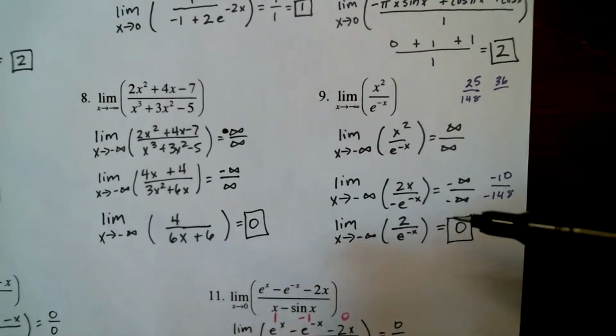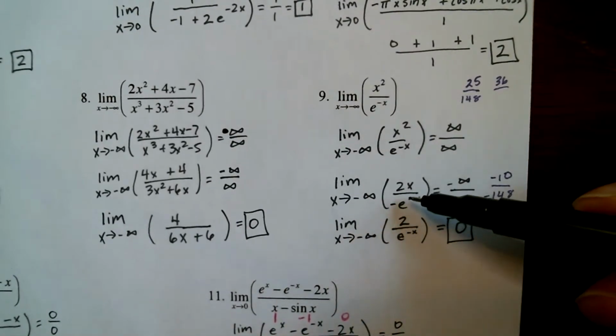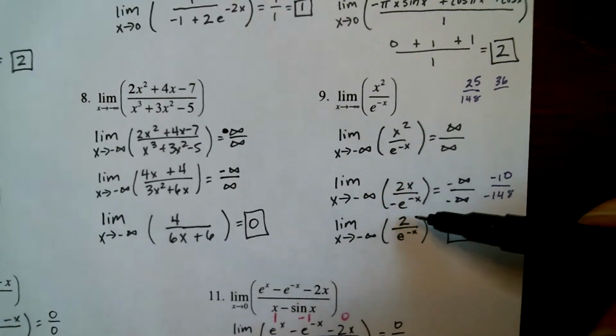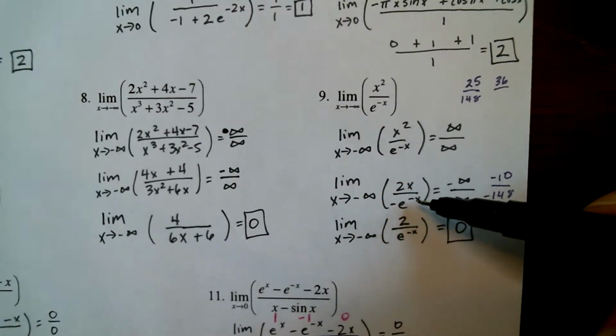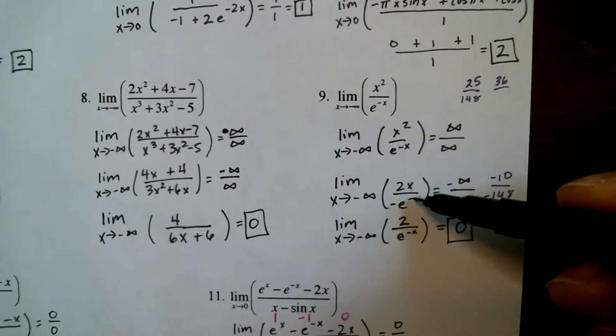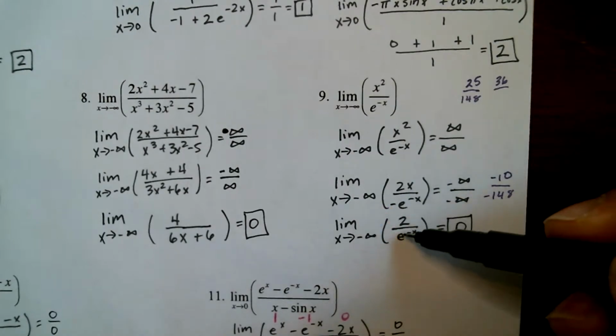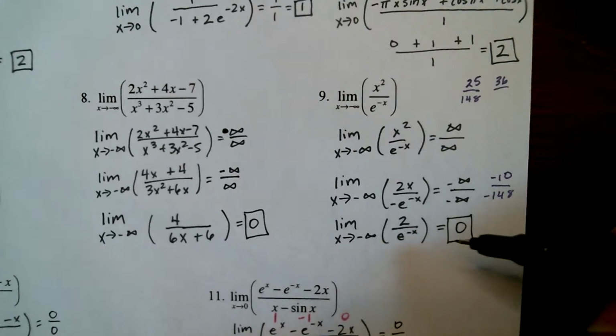So my last step is to take the derivative again. The derivative of 2x is 2. The derivative of negative e to the negative x: negative 1 times the negative is a positive, and the exponent stays the same, e to the negative x.